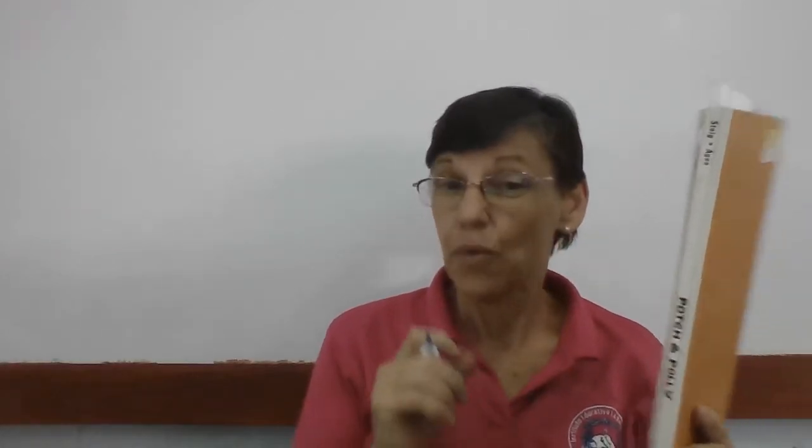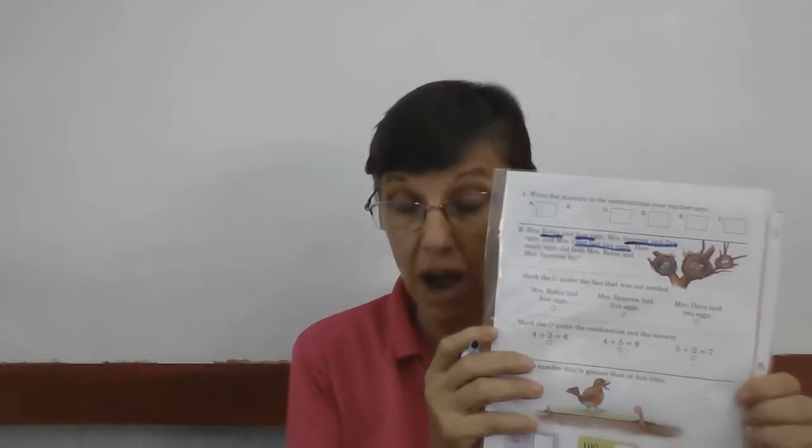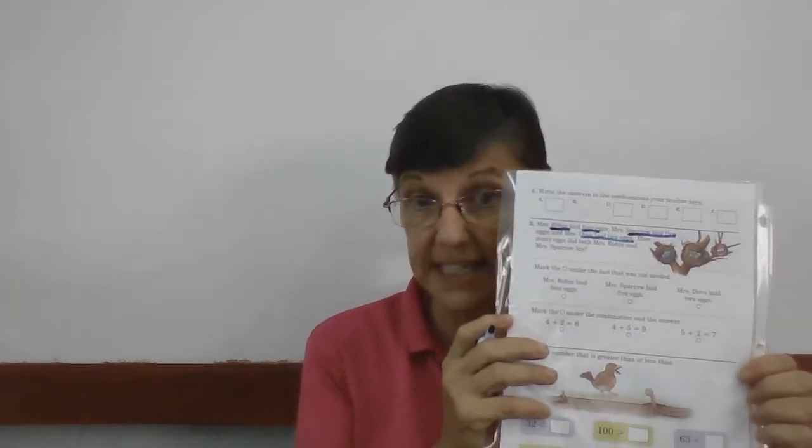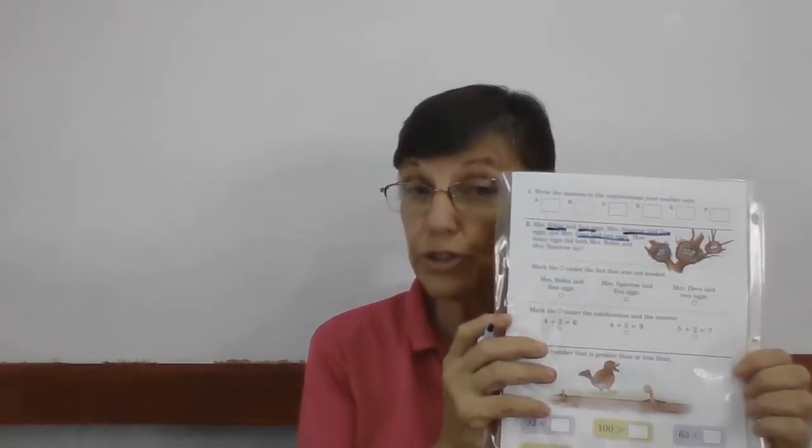You ready? Now, here's the question. The question is, how many eggs did Mrs. Robin and Mrs. Sparrow lay together? Now, they gave you some extra information, didn't they? Here's what I want you to do.